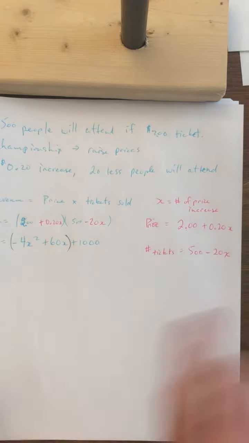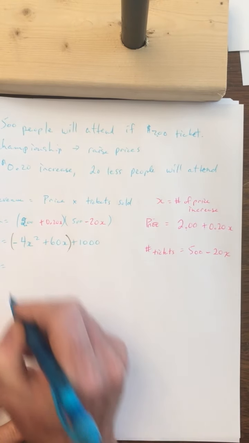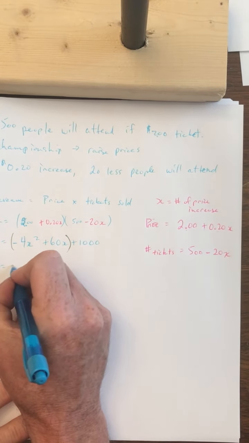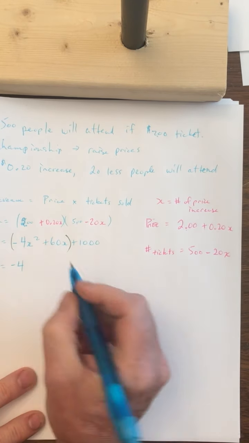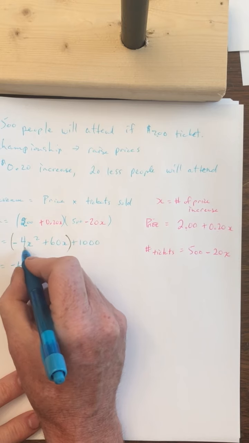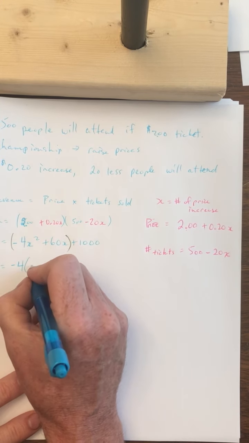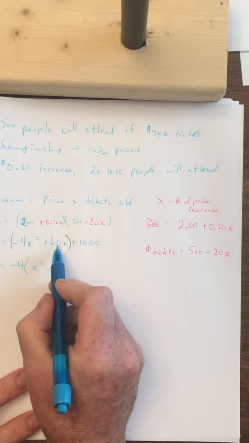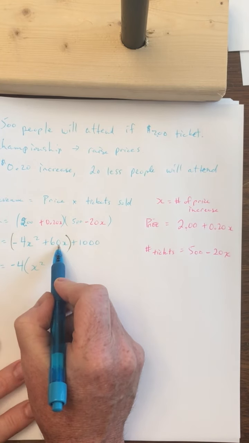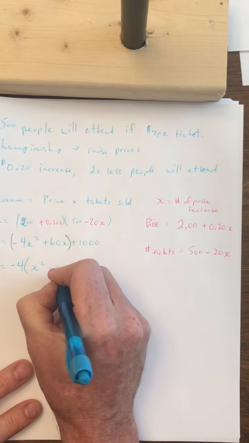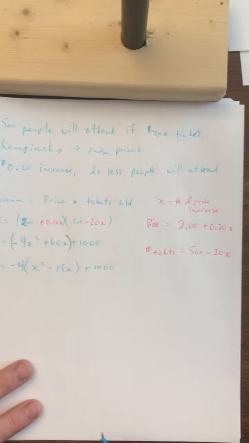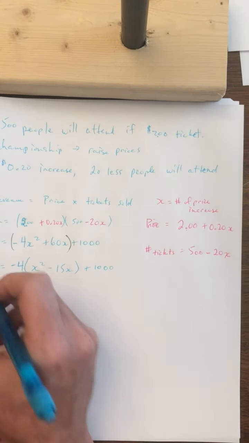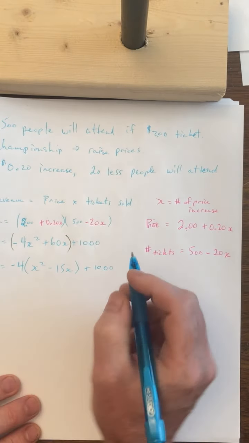Put brackets around here. Let's pull out our greatest common factor, which is going to be minus 4, because we want to get rid of the minus inside the brackets. So negative 4x squared divided by negative 4 leaves us with an x squared. 60x divided by negative 4 is negative 15x. And our plus 1,000 on the outside.